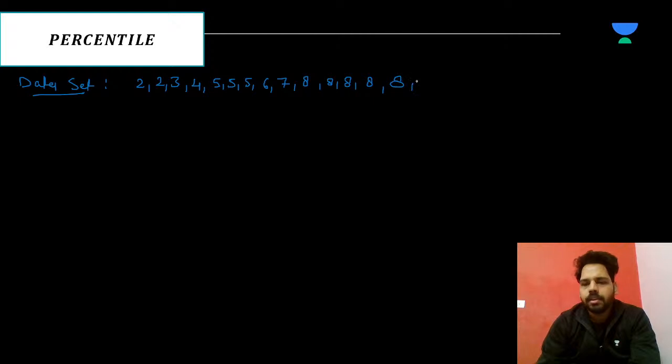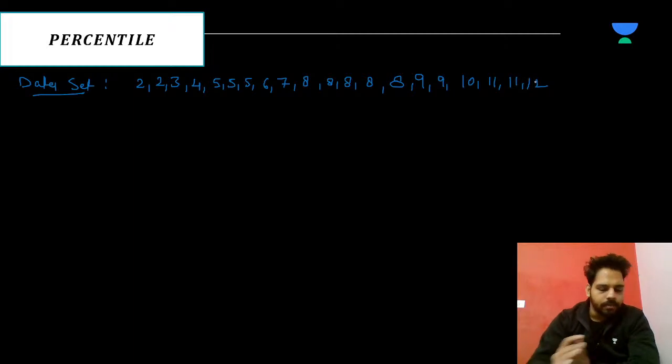We are keeping 8 as 5 times, then 9, 9, then 10, 11, 11, 12. So how many numbers are we writing over here? See, 1, 2, 3, up to 20. We have written 20 numbers over here.